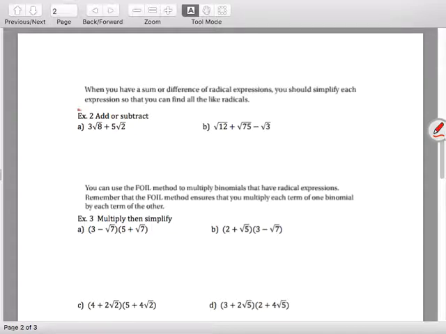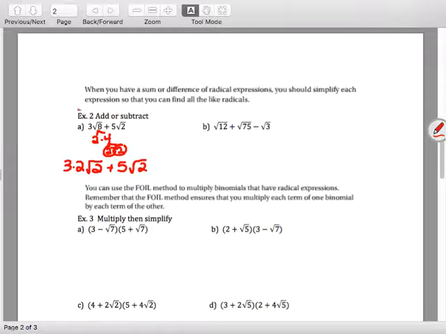Simplify is the factor tree. So let's do that. This is 2 times 4 and 2 times 2.